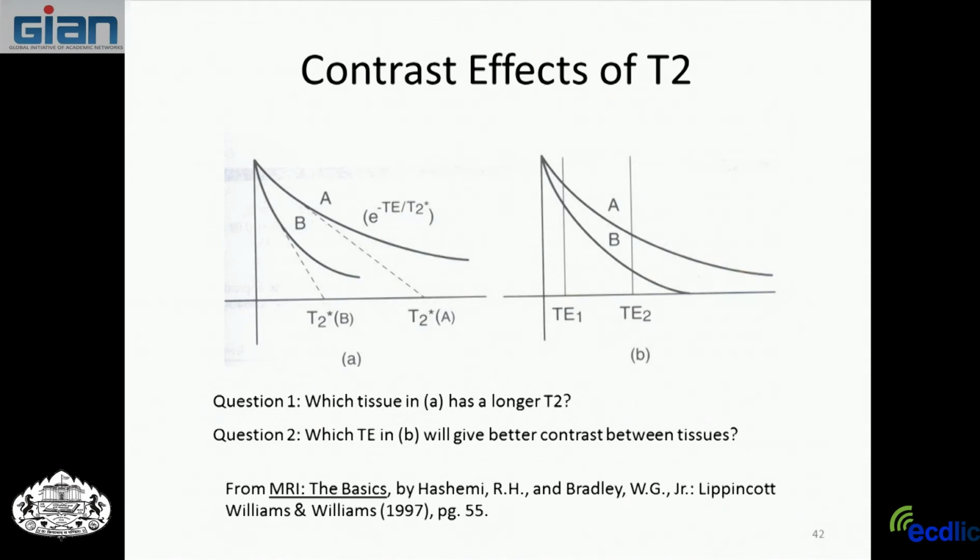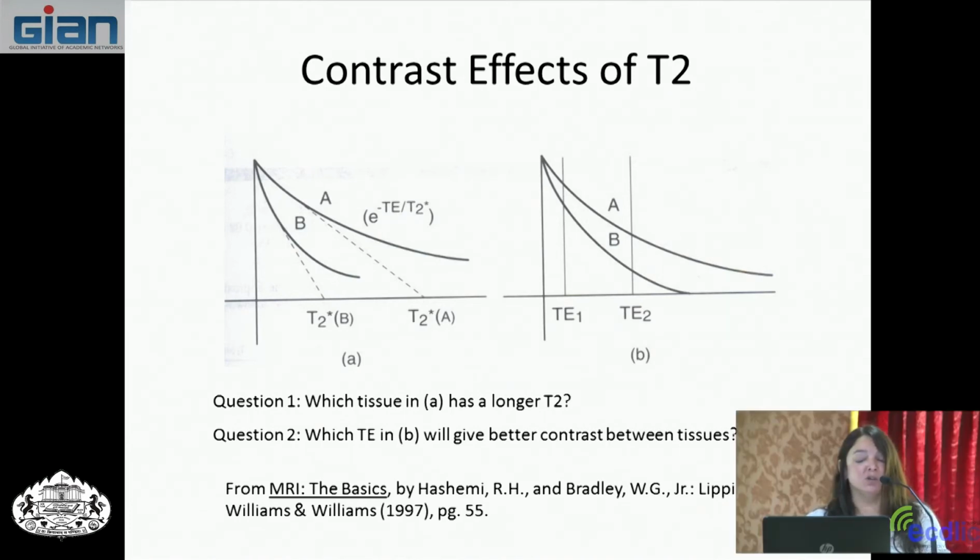Okay, on the other hand, we could do a T2 contrast, and T2, again, is the property of dephasing in the XY plane after we tip. So in this case, we have two different tissue types, and they're decaying into the dephasing. In this case, which tissue has the longer T2?